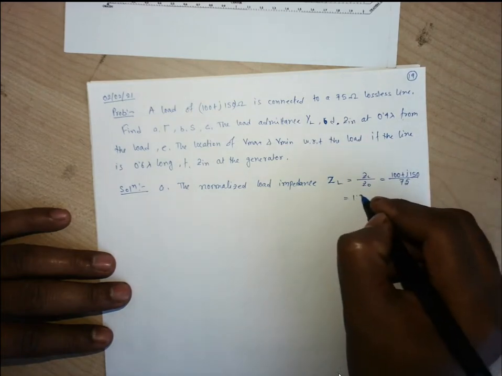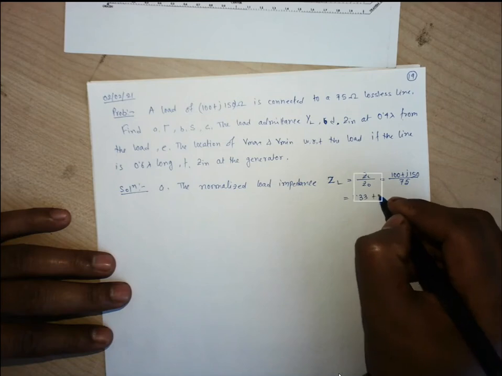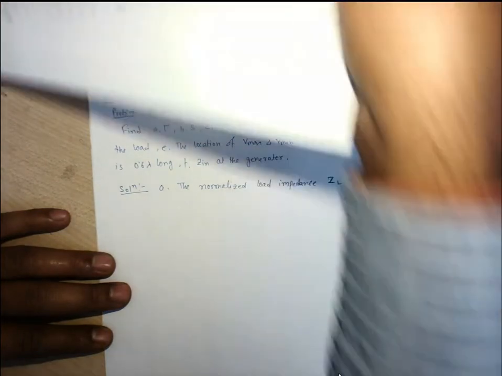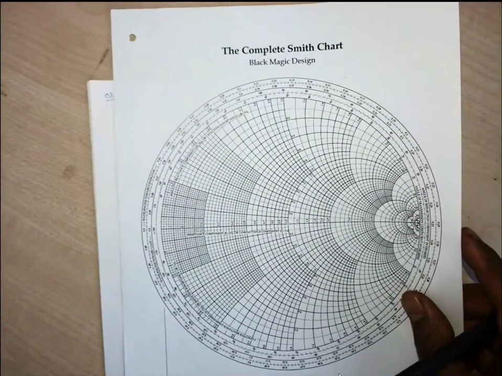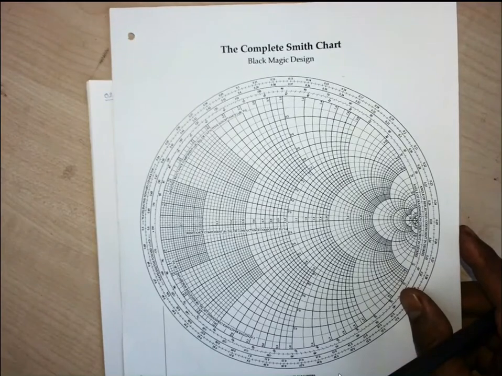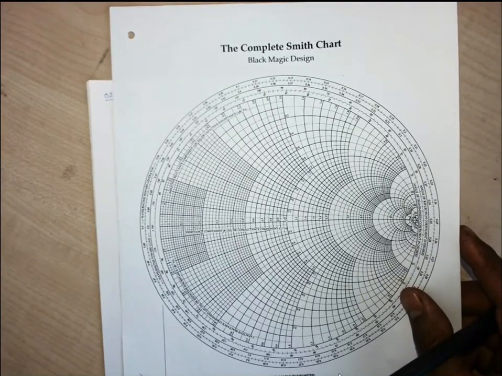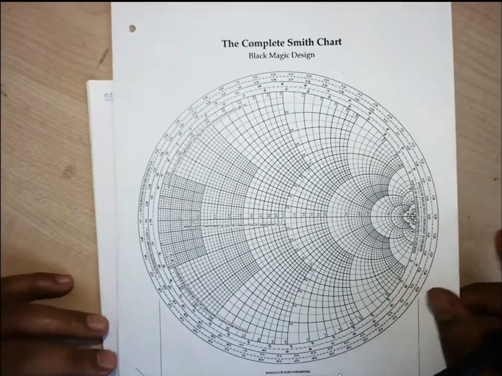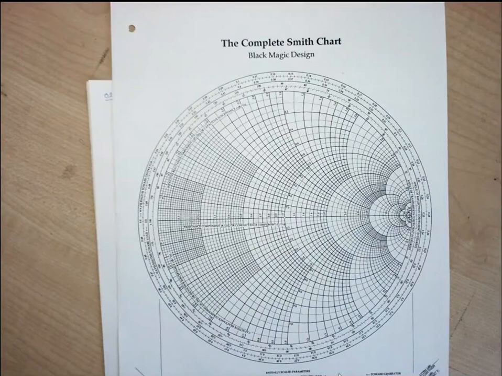It is coming out as 1.33 plus j2. Right? So we need to find the 1.33 circle, and we need to go with the reactance curve of 2 and find their intersecting point.